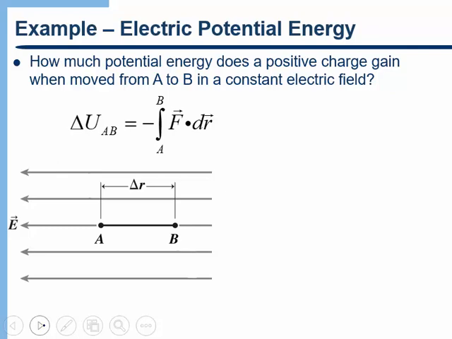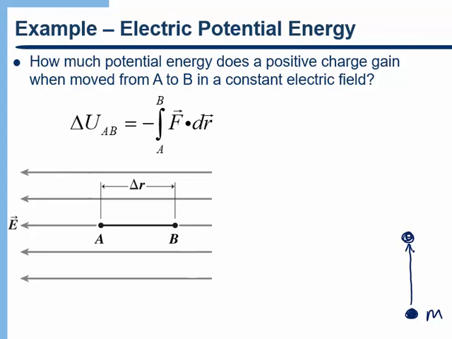All right, so let's do an example, and we'll do the simplest example we can. The example is, how much potential energy does a positive charge gain when moved from point A to point B in a constant electric field? First of all, I want you to understand that this is completely equivalent to asking how much gravitational potential energy this mass gains as I raise it up in a gravitational field.